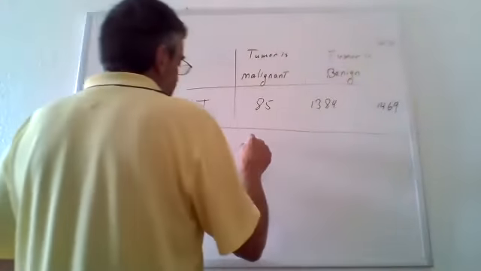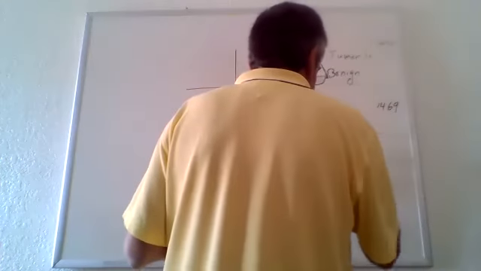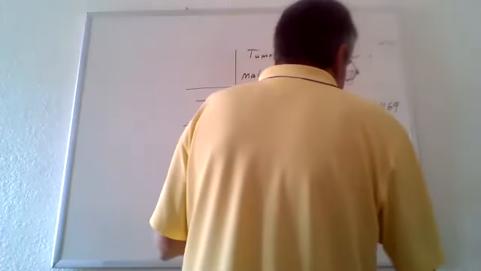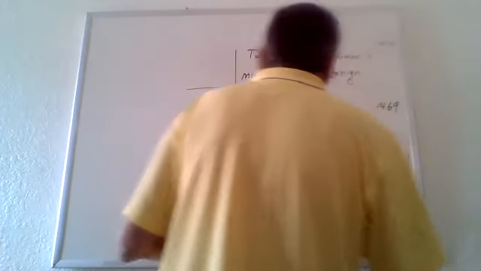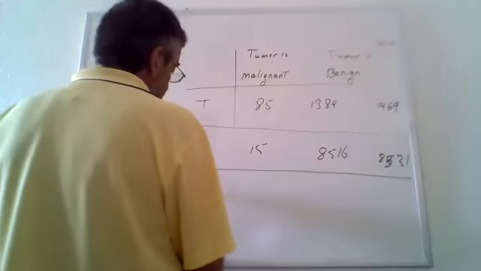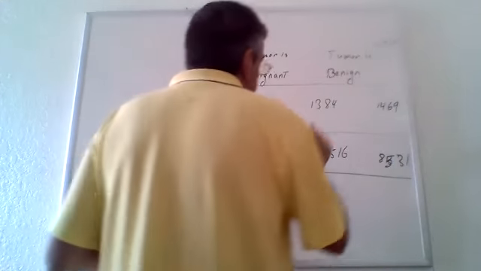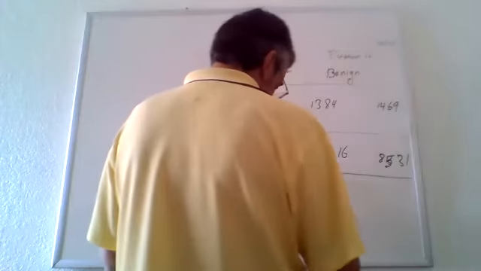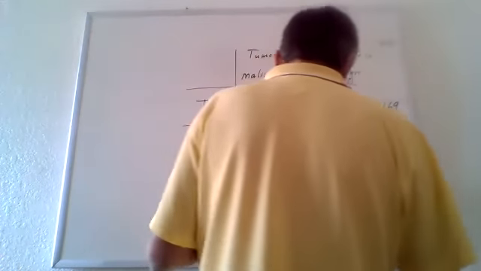Also have 15, 85, 16, 85, 31. And total is 100, 900, and 10,000.